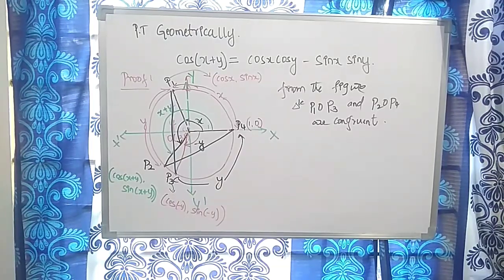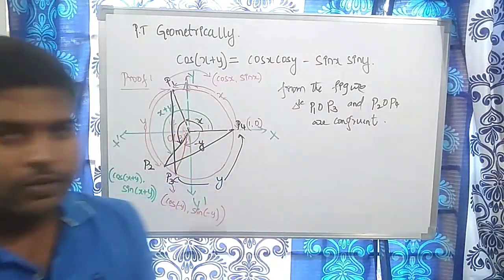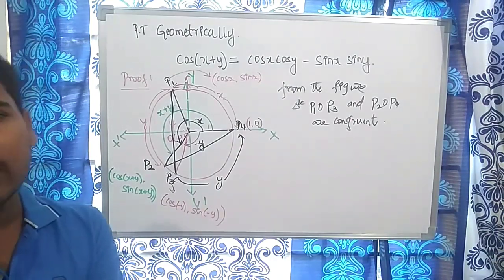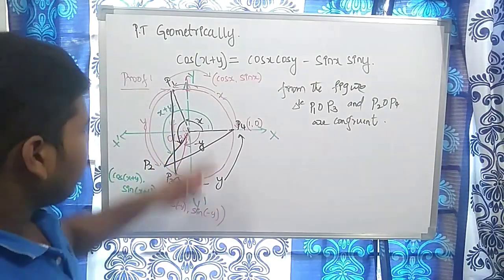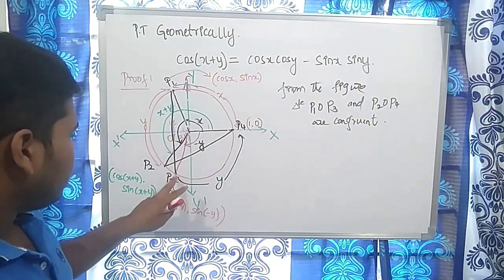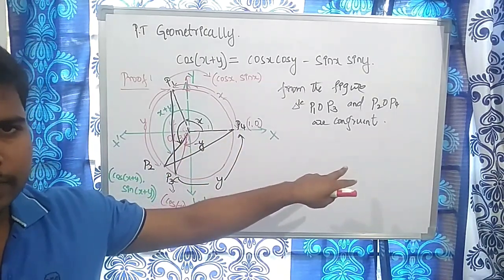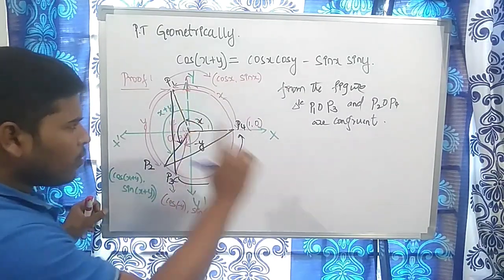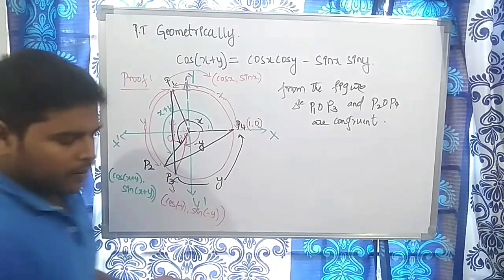Why are they congruent? To verify congruent triangles we have 6 rules, and if any one rule is satisfied, we can say two triangles are congruent. Here I am taking P1O P3 and P2O P4 as the congruent triangles. Observe only the first triangle, P1O P3.